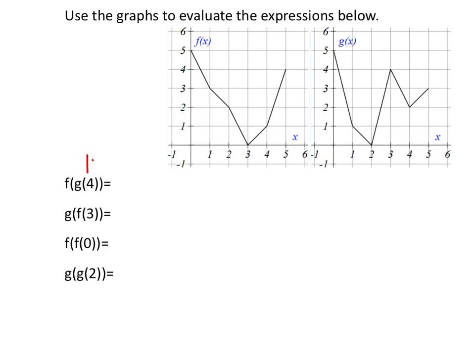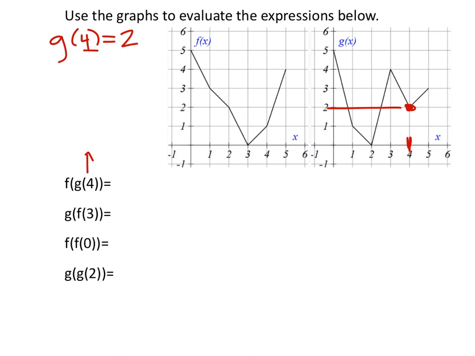So let's figure out what g of 4 is. That's an x value of 4 on the g of x graph, which is the second one. So I'm looking for this x value of 4. And its corresponding g of x value is 2.